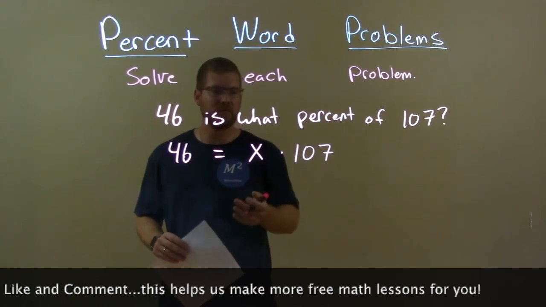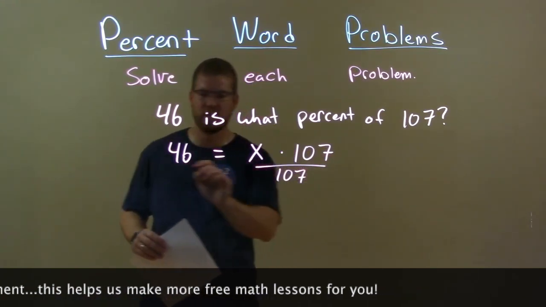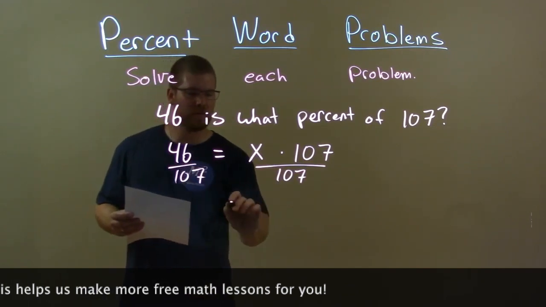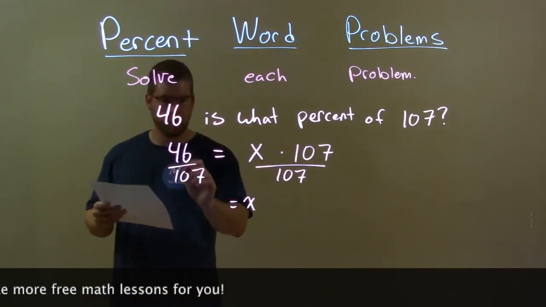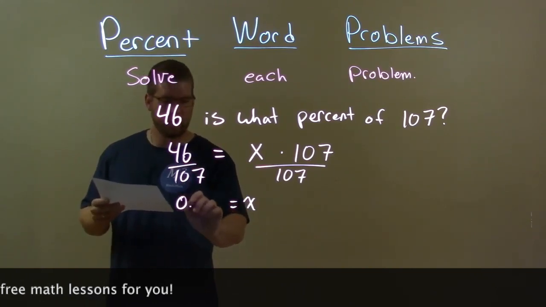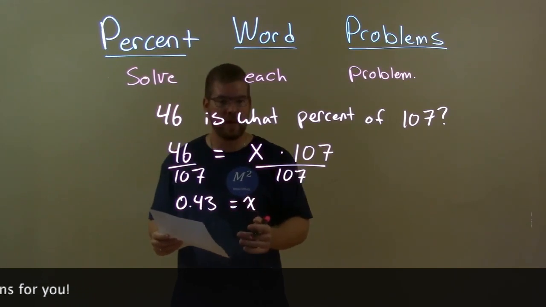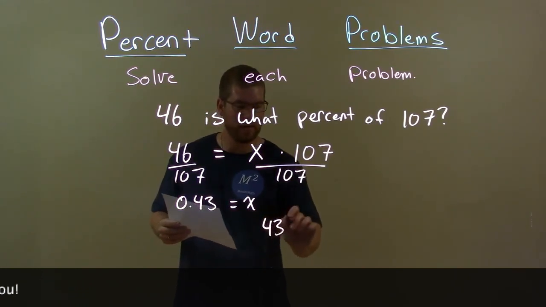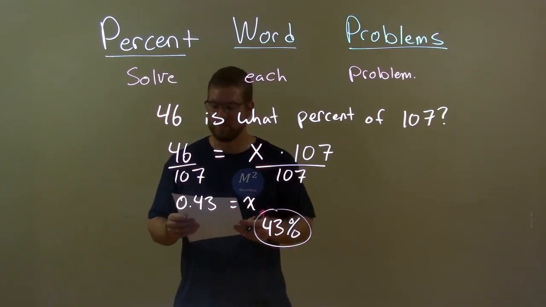To do so, we just divide by 107 to both sides. And we're left with x by itself, and that's going to equal a decimal here. 46 divided by 107 is 0.43. Now we can convert that to a percent, which is 43%. And there we have our final answer.